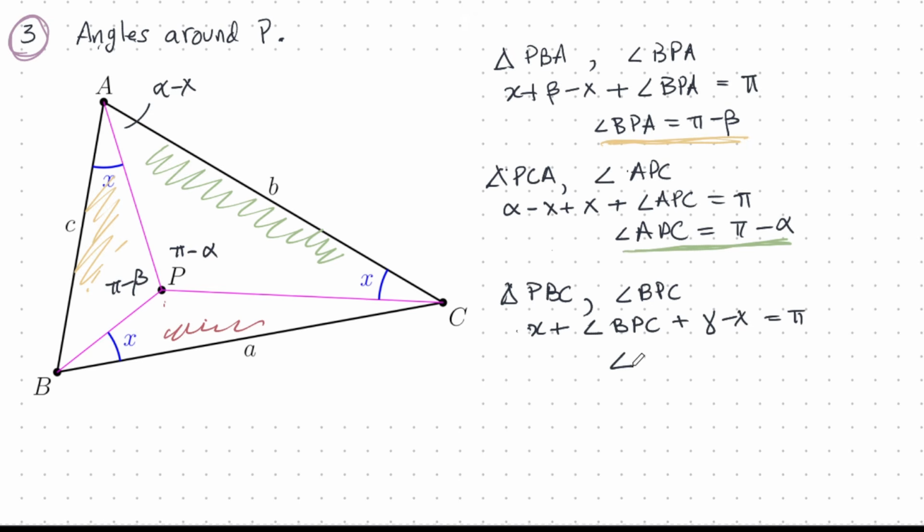Yeah, I do, and I can solve for BPC. Angle BPC is pi minus gamma, like so. Let me color that in red. There we go. So that was actually pretty easy. I was able to find all 3 of these angles around point P.